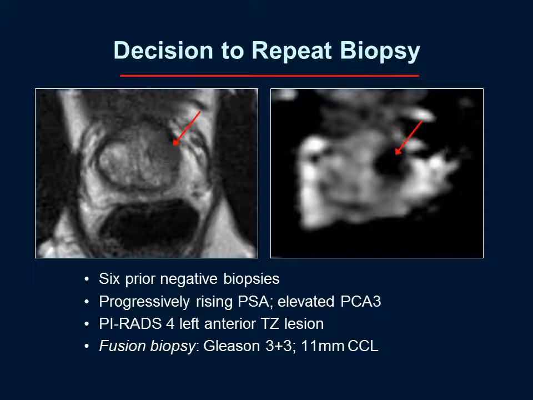This was given PI-RADS 4 at the time of interpretation, and having that very high PI-RADS category was useful for making the clinical decision to perform yet an additional biopsy. Had it had a lower category, a repeat biopsy may have been deferred, and then this came back tumor on targeted biopsy.